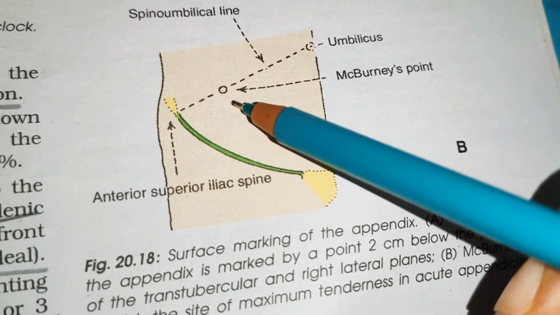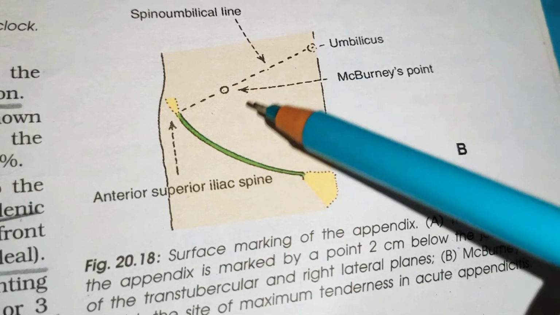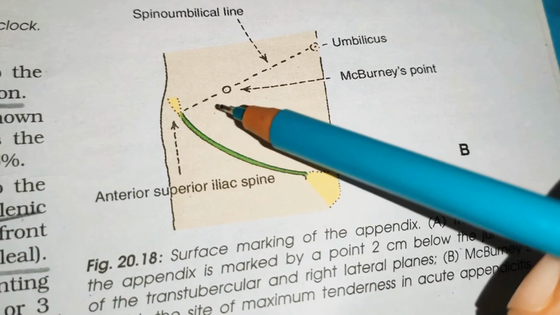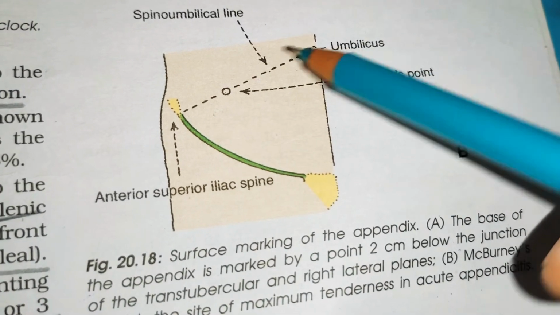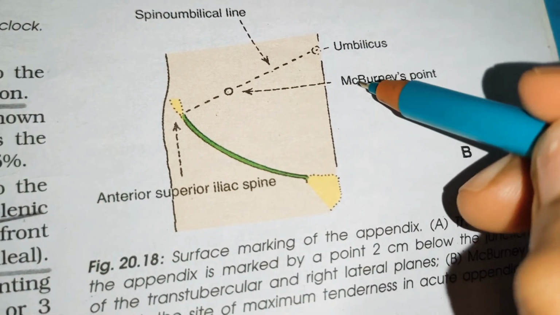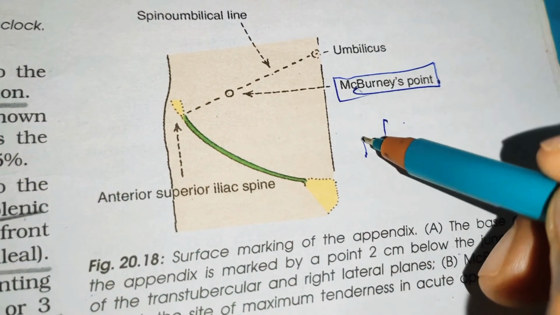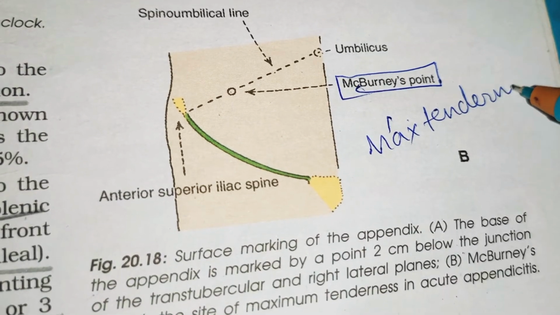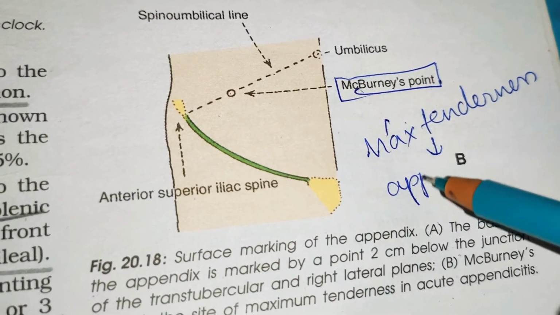This point lies at the junction of lateral 1/3 and medial 2/3 of the line joining the right anterior superior iliac spine to the umbilicus. So it is a site of maximum tenderness in appendicitis.